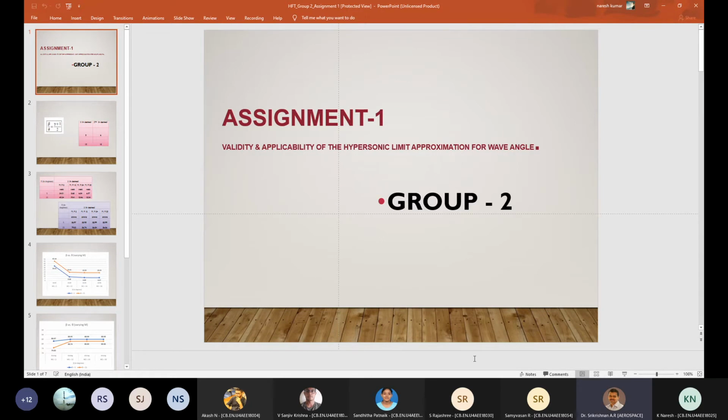Yeah, great. I can see this one. Before you start, just confirm the presence of Group 2. Roll number 23, Lakshmi Shivakumar, yes sir. K Naresh, 25, yes sir. Nitin, 26, yes sir.